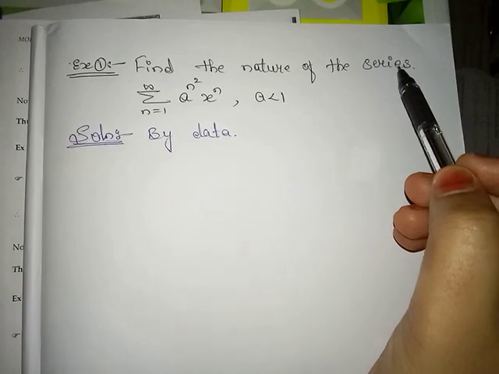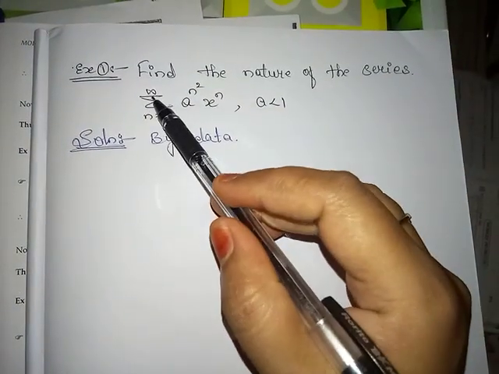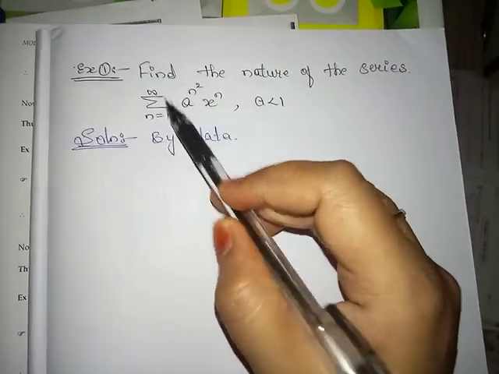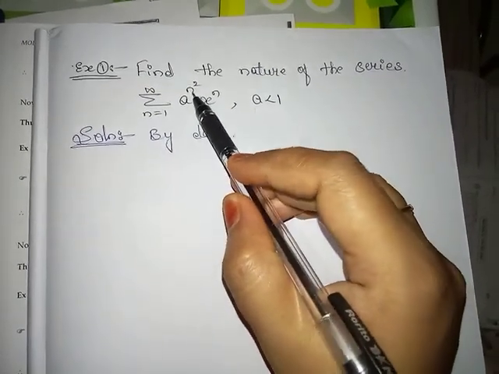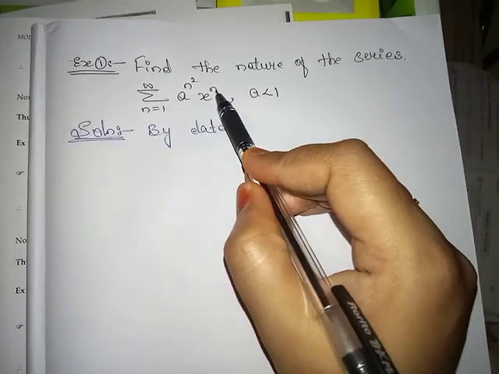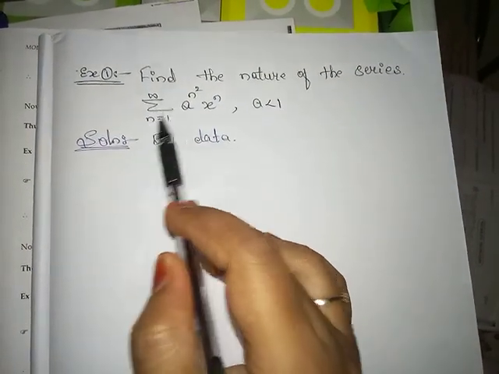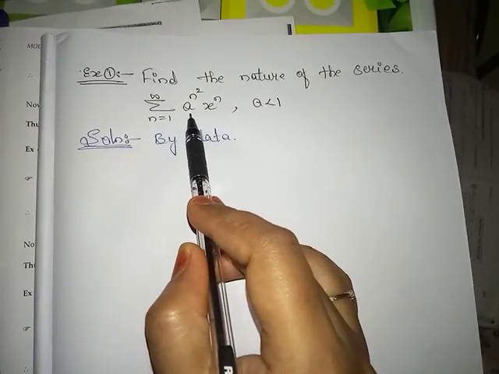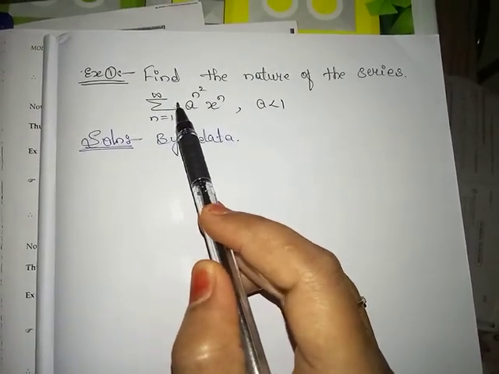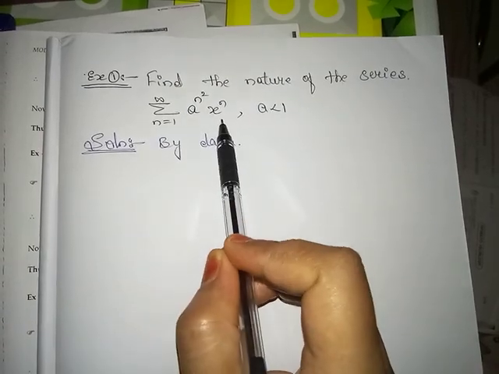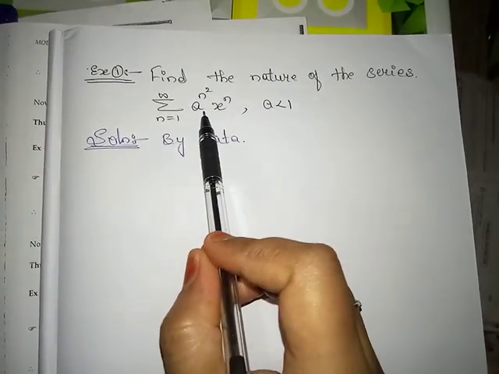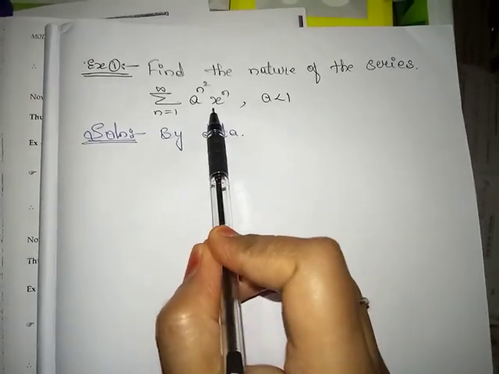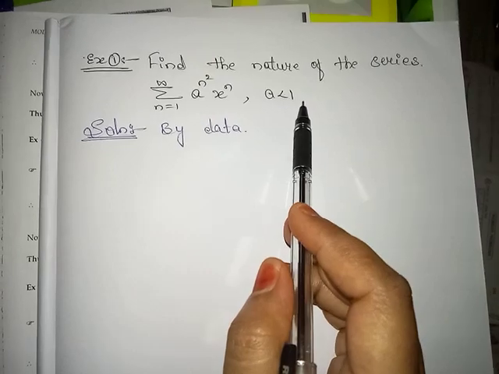This indicates our summation un according to our statement of Cauchy's root test, the nth term of the series, where the a value is less than 1.